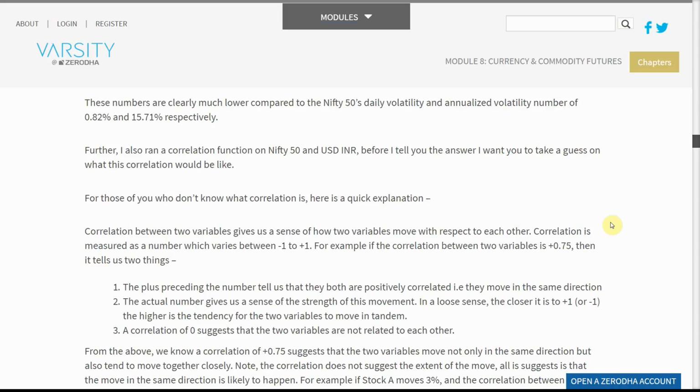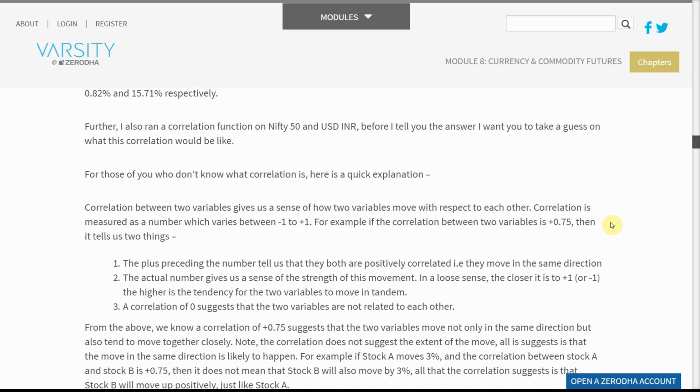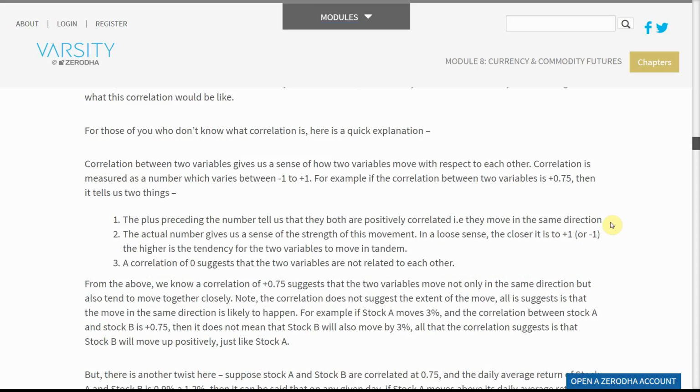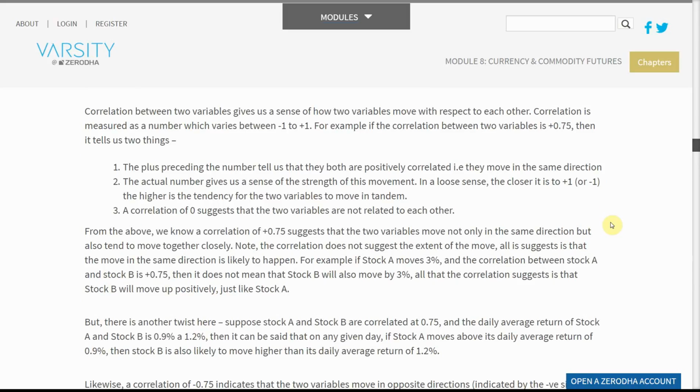The plus preceding the number tells us that they are positively correlated, i.e. they move in the same direction. The actual number gives us a sense of the strength of this movement. In a loose sense, the closer it is to +1 or -1, the higher the tendency for the two variables to move in tandem. A correlation of 0 suggests that the two variables are not related to each other.